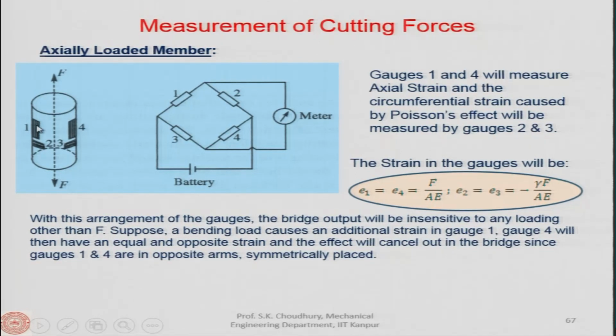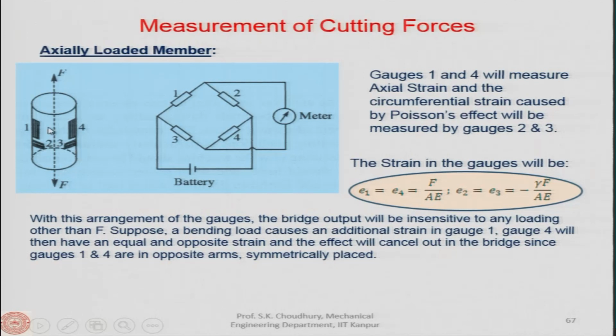These strain gauges are mounted in diametrically opposite directions, 1 and 4, and perpendicular to that direction will be 2 and 3. Now, when axial load is applied, the axial strain will be measured by 1 and 4, and gauges 2 and 3 will measure the circumferential strain, which is the result of the Poisson's effect.